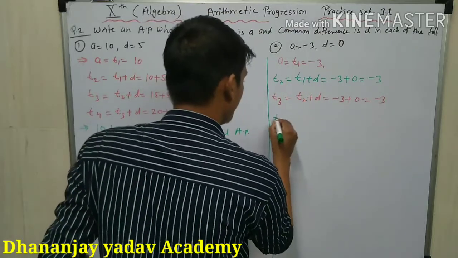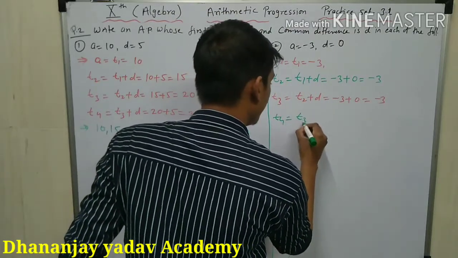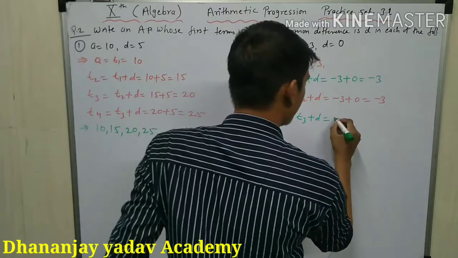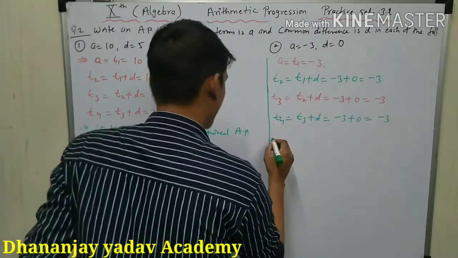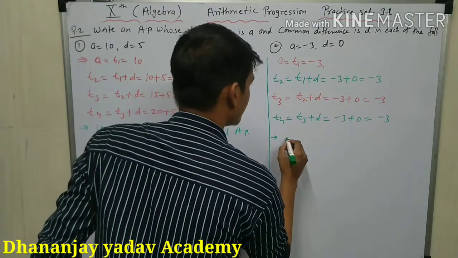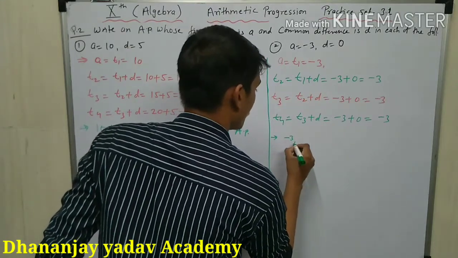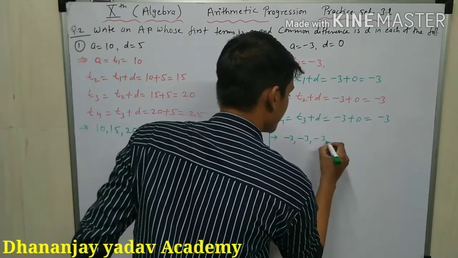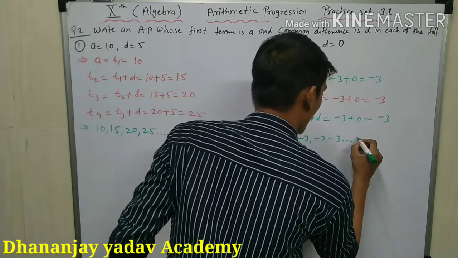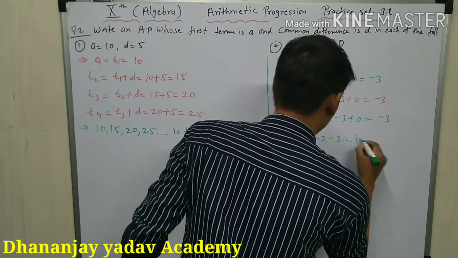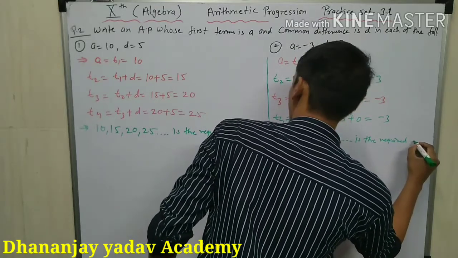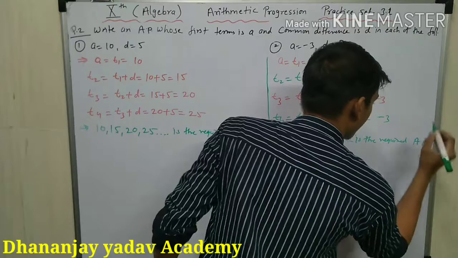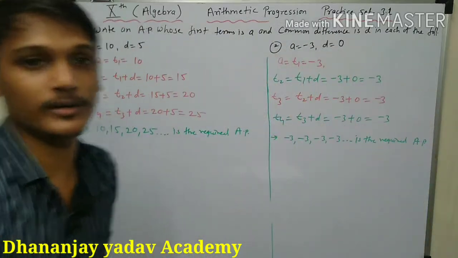And now T4 is equal to T3 plus D, T3 is minus 3 plus 0, equal to minus 3. Then you write here minus 3, minus 3, minus 3, minus 3, dot dot dot is the required AP. Understood?